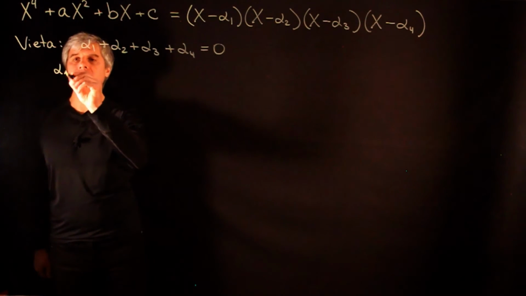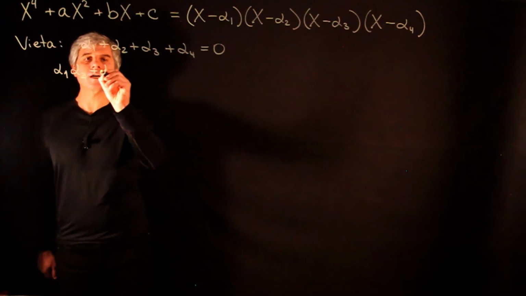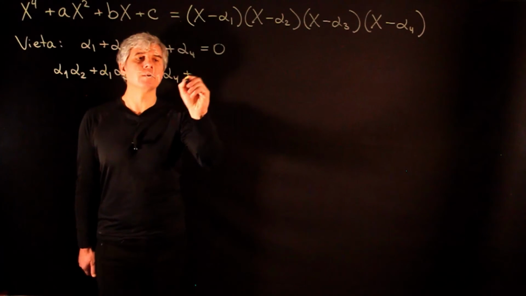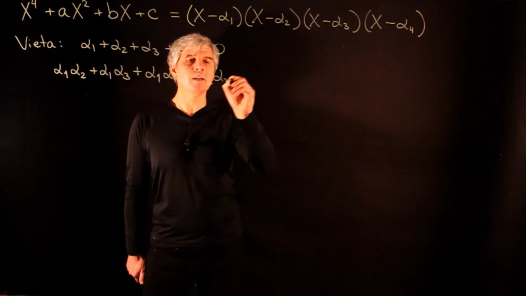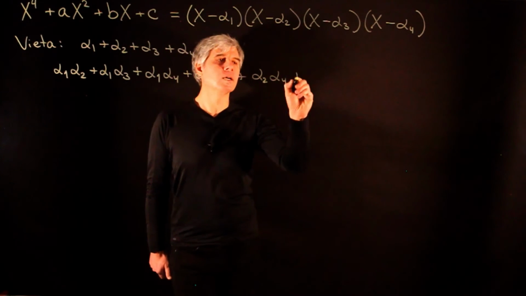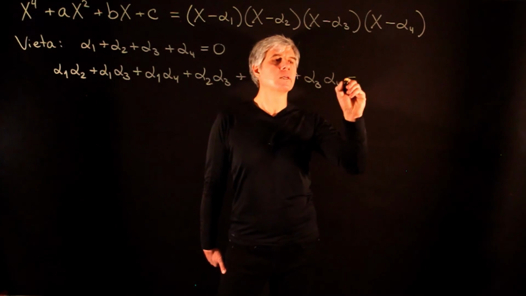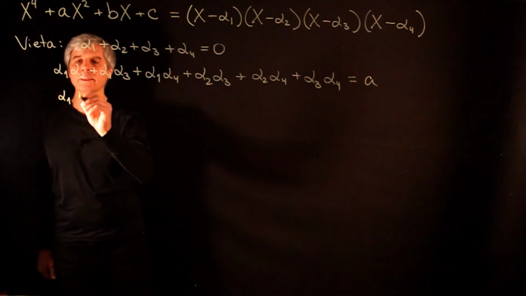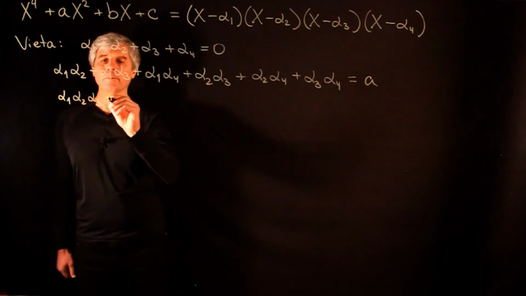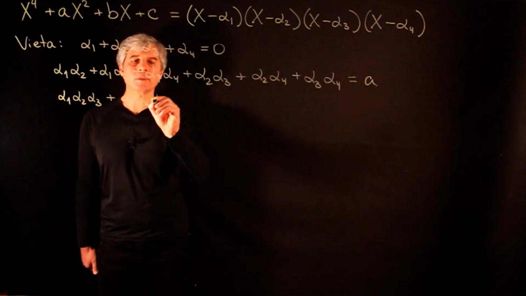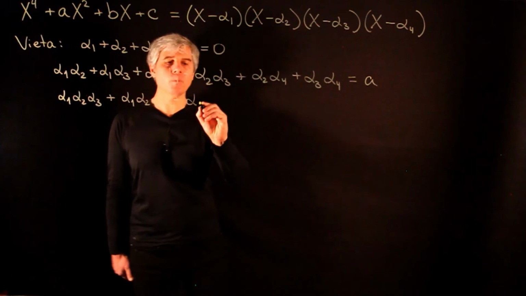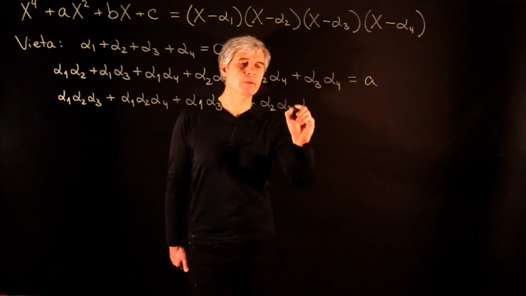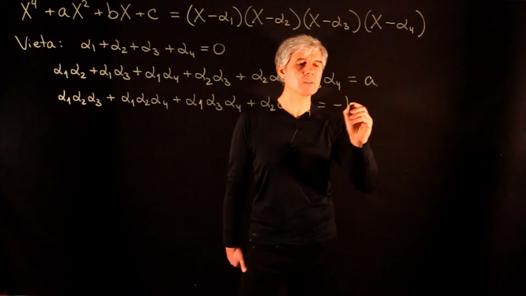Then pairwise products, alpha 1 times alpha 2 plus alpha 1 times alpha 3 plus alpha 1 times alpha 4 plus alpha 2 times alpha 3 plus alpha 2 times alpha 4 plus alpha 3 times alpha 4, is equal to A. Then triple products, alpha 1 alpha 2 alpha 3 plus alpha 1 alpha 2 alpha 4 plus alpha 1 alpha 3 alpha 4 plus alpha 2 alpha 3 alpha 4, is equal to minus b.